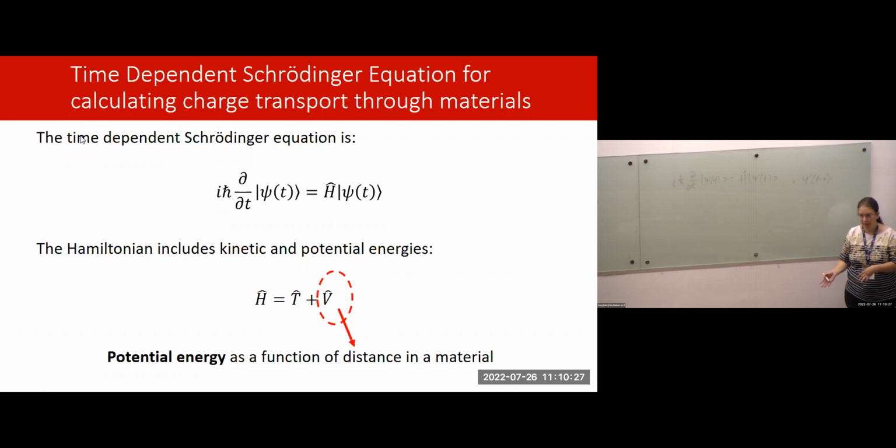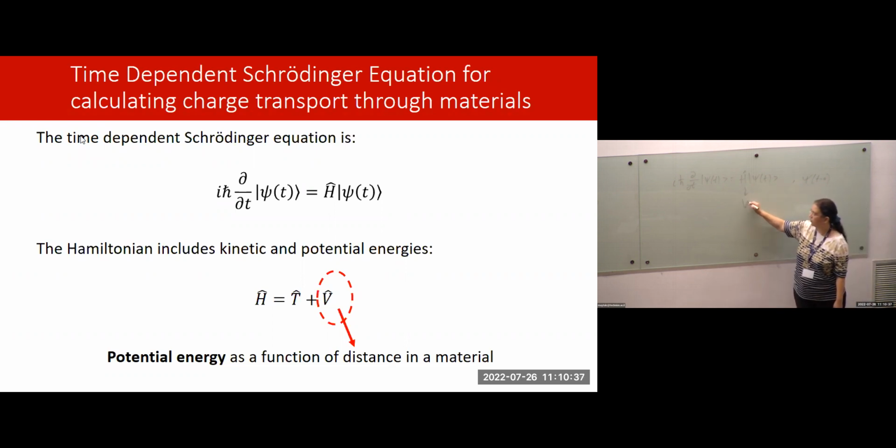It can start on the left side, in one material, the oxide, or the metal. And what you need from DFT is the potential energy of the material. This depends on the distance, and if you take it only in one dimension, then you can decide to look at charge transport along a given direction. So this is taken from DFT.